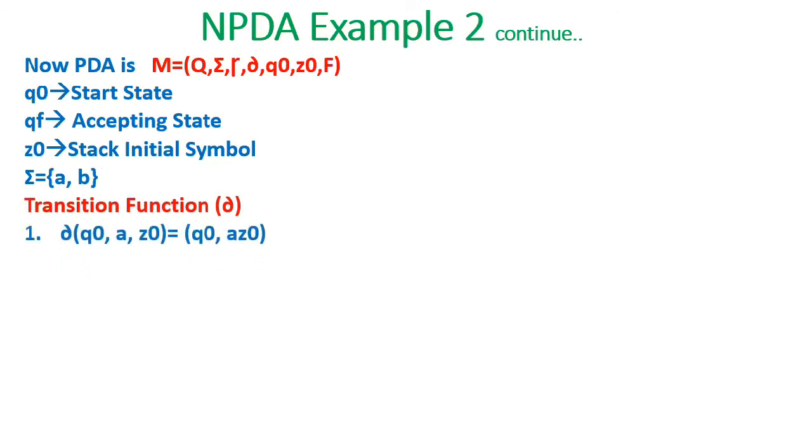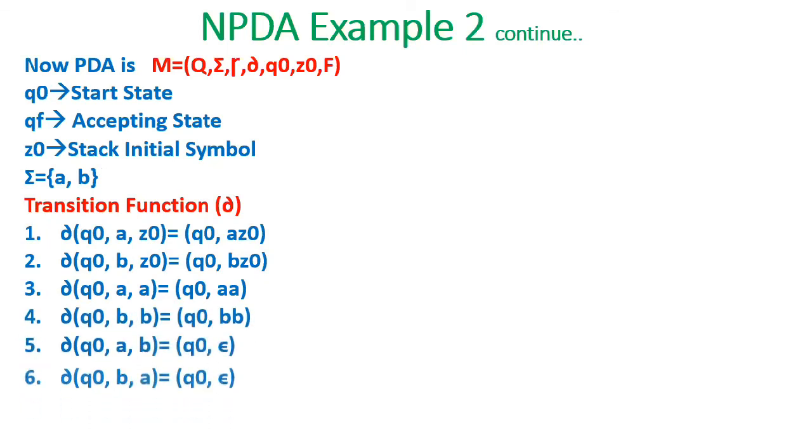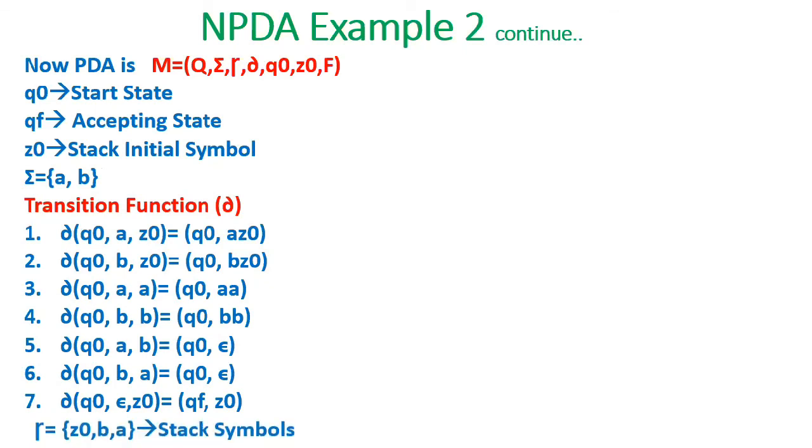That is, if the first symbol is A, push it onto the stack, or if the first symbol is B, push it onto the stack. If the symbol on the stack is the same as the symbol that you are reading, push it onto the stack. If it is the opposite symbol, you pop it. And the 7th one is, when the stack is empty and when the string is empty, go to the final state.